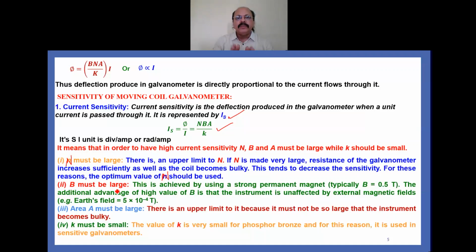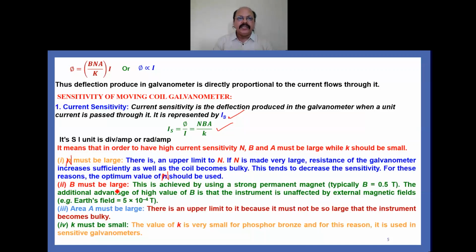Its value should be small, and the value of K is very small for the material phosphor bronze. By using this material we make the spring used in the moving coil galvanometer, and current sensitivity can be increased by decreasing the value of K.